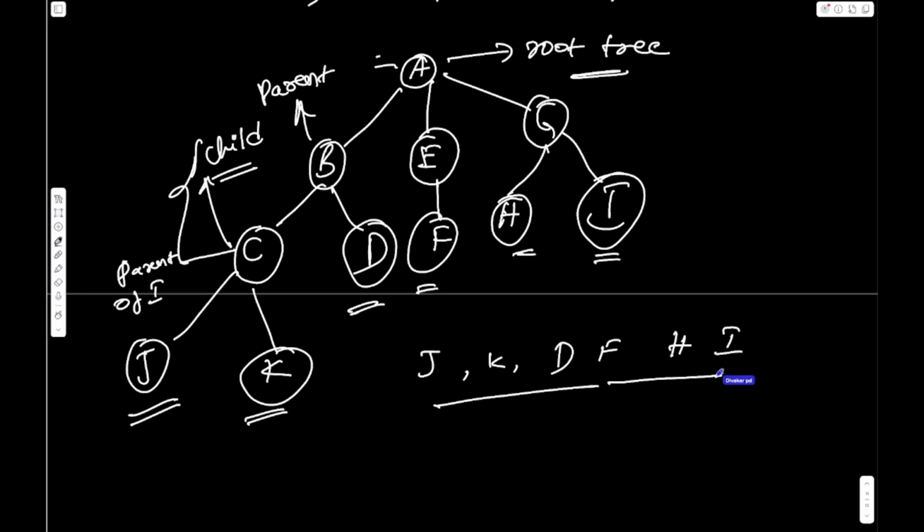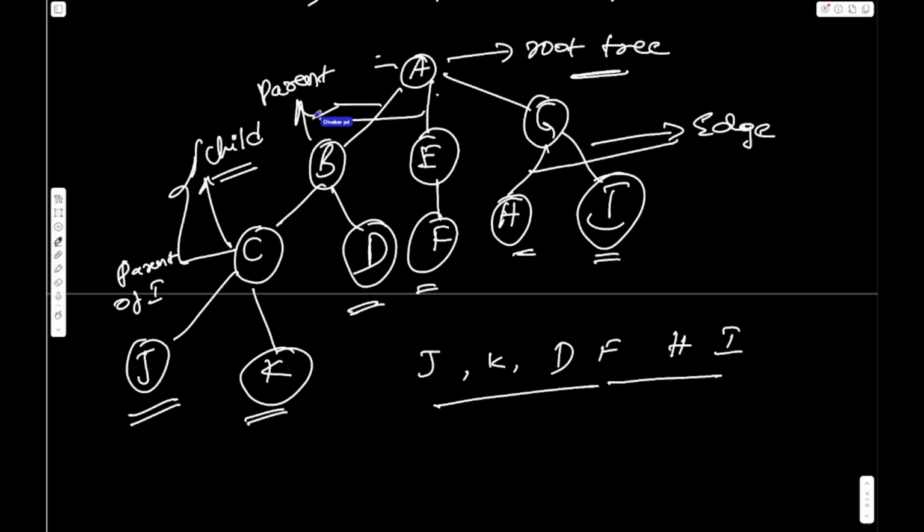We have learned root node, parent node, child node, leaf nodes. Next we have something called an edge. A connection between two nodes is called an edge. So this is an edge. This is again an edge. Any two nodes which are connected will have an edge.